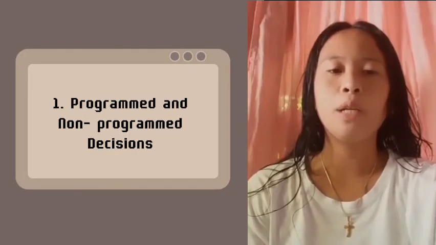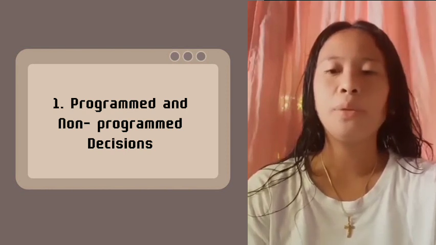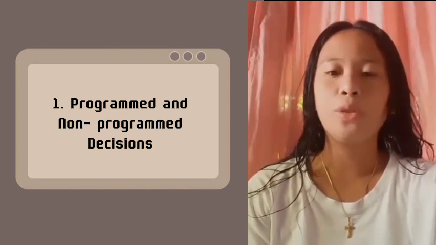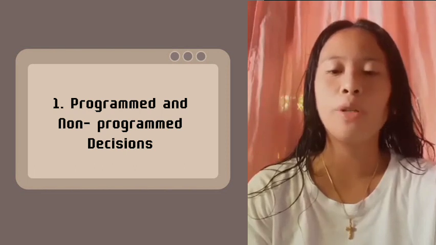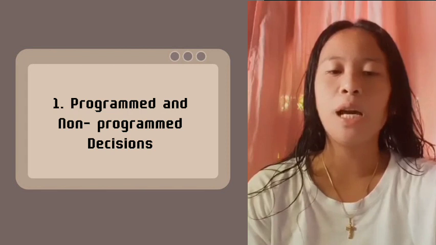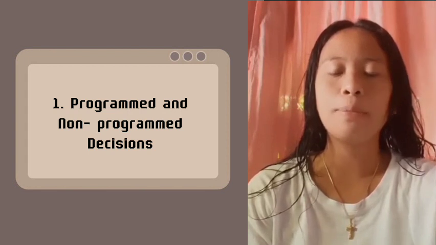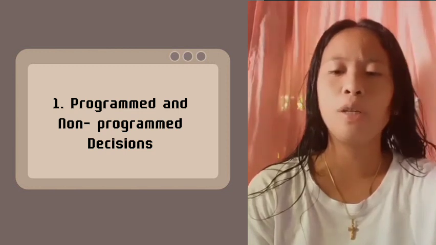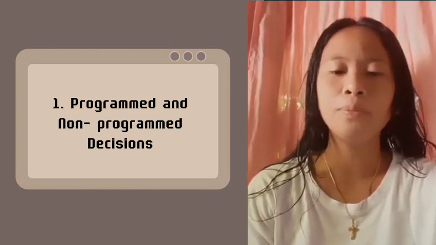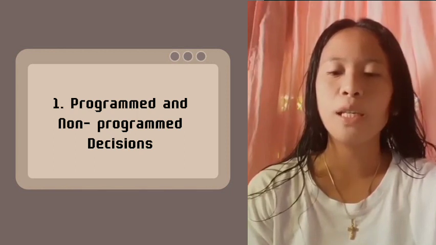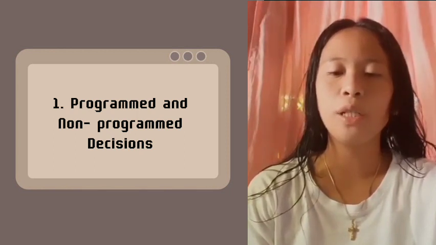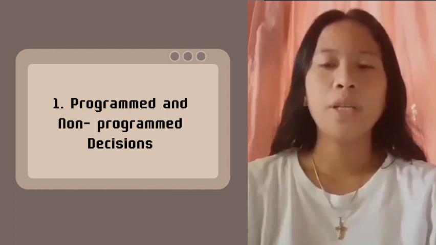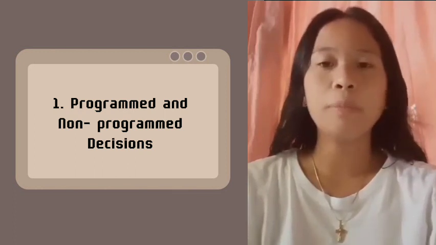Program and non-program decisions are routine and repetitive in nature. These decisions deal with common and frequently occurring problems in an organization, such as buying behavior of consumers, sanctioning of different types of leave to employees, forecasting decisions, salary increment, and so on. Here are examples of program and non-program decisions.